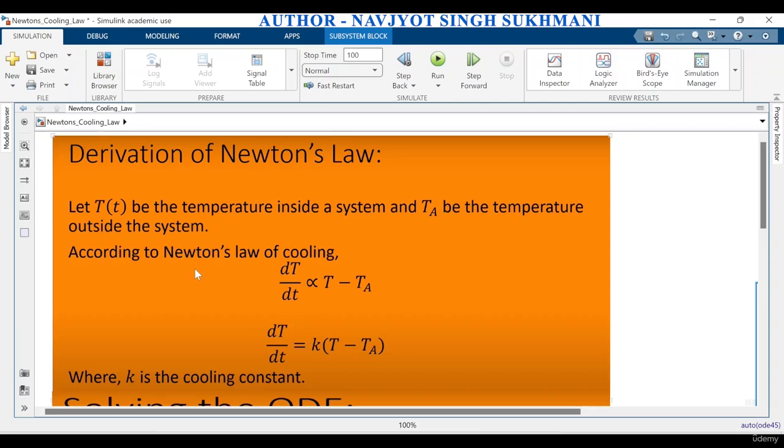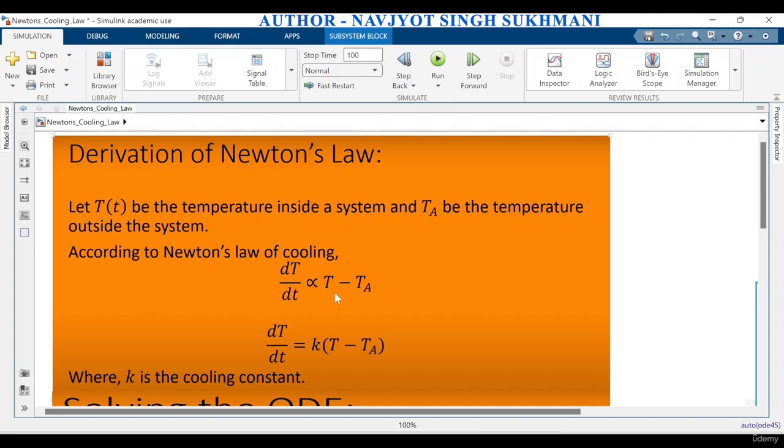If our body is cooling, then the rate of cooling, dT by dt, is directly proportional to the body temperature minus the surrounding temperature. This is my body temperature inside the system, and this is my surrounding temperature outside the system.